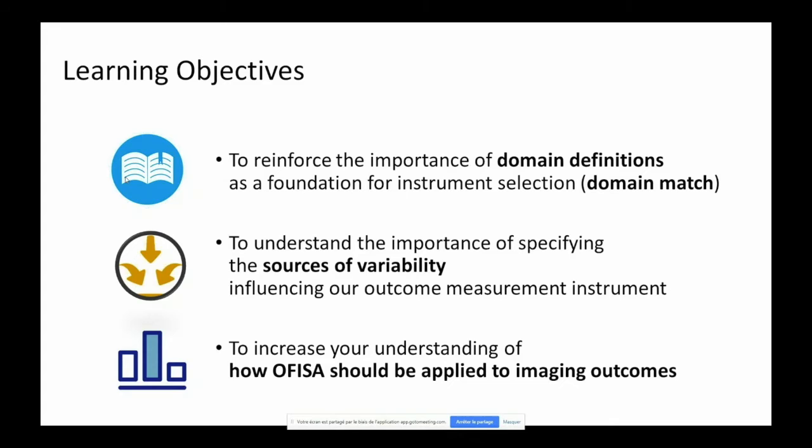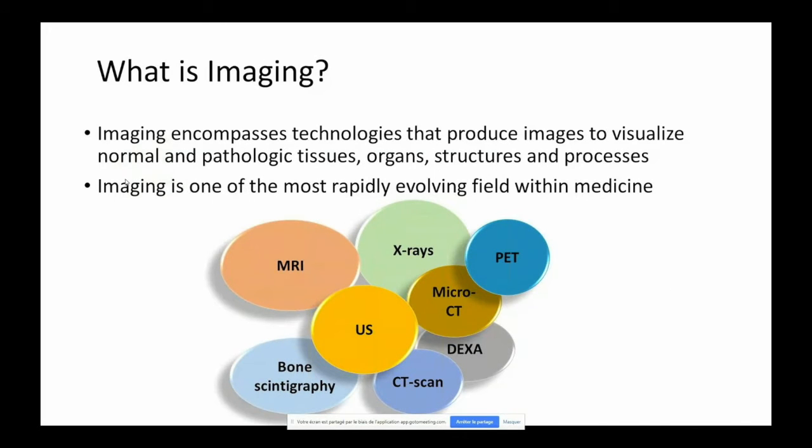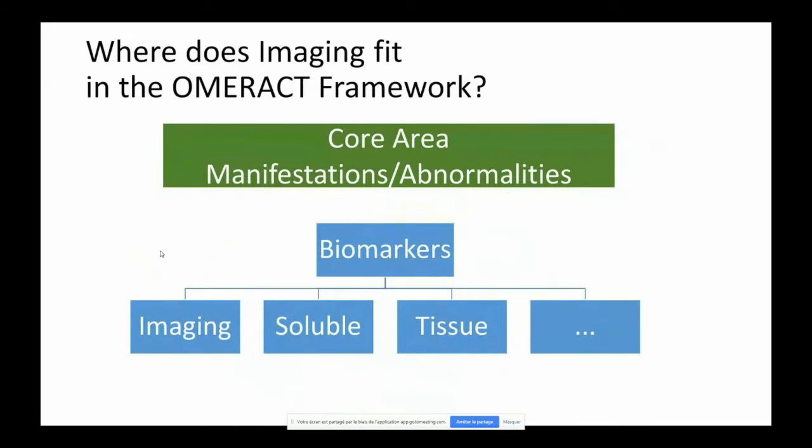We will start by presenting to the OMERACTers what we mean by imaging. We'll say that all of you know that imaging encompasses several technologies that produce images to visualize normal and pathological tissue, organs, structure, and processes. Imaging is one of the most rapidly evolving fields within medicine, and we have several imaging techniques.